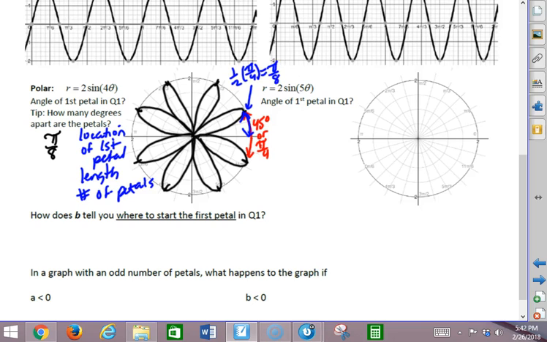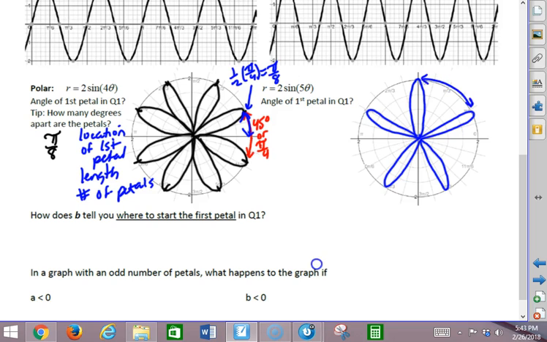Now here I have one petal sticking straight up, and then I have another petal at an angle here, another petal down here, another down here, and another like this. Once again, I'm not being terribly picky, but I know that these angles are 360 divided by 5, or 72 degrees apart.